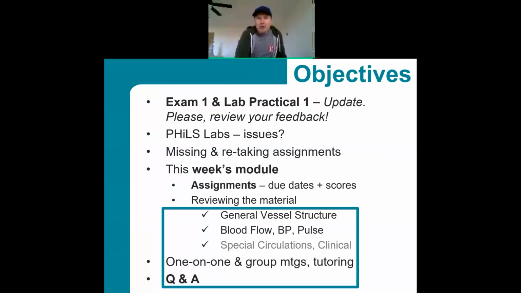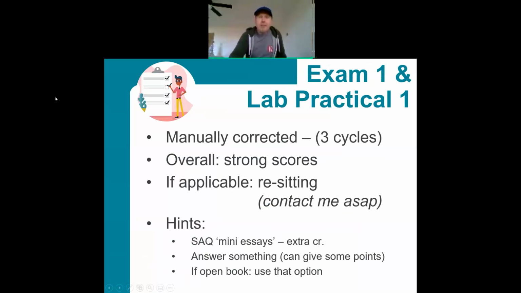What I wanted to do was to mention where we are with the lab practical one and exam one. Most of the students should have received their lab practical one final grade. If you have not, you're one of only very, very few that are missing. I go through all of these 3 times without knowing who the student is, and independently without seeing the previous scores, so it's very consistent from one cycle to another.